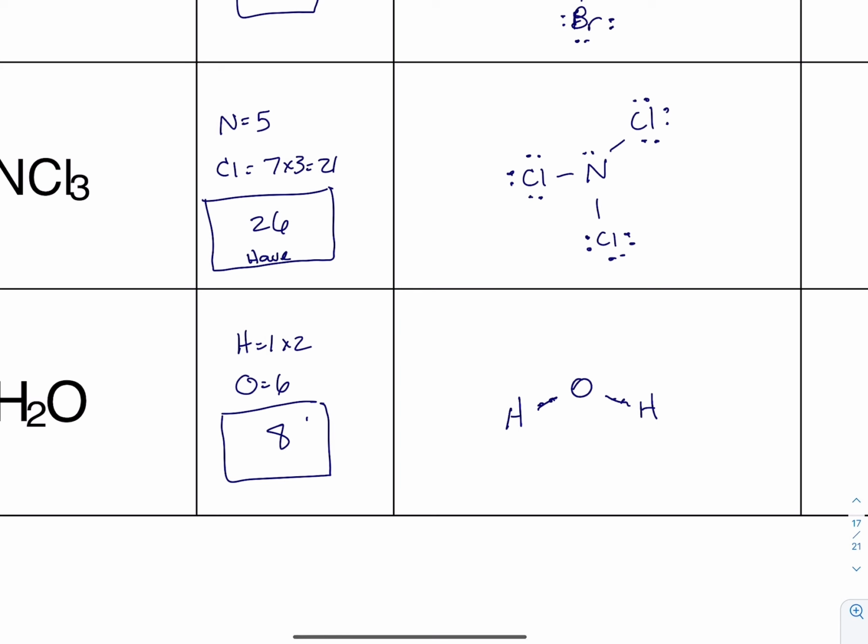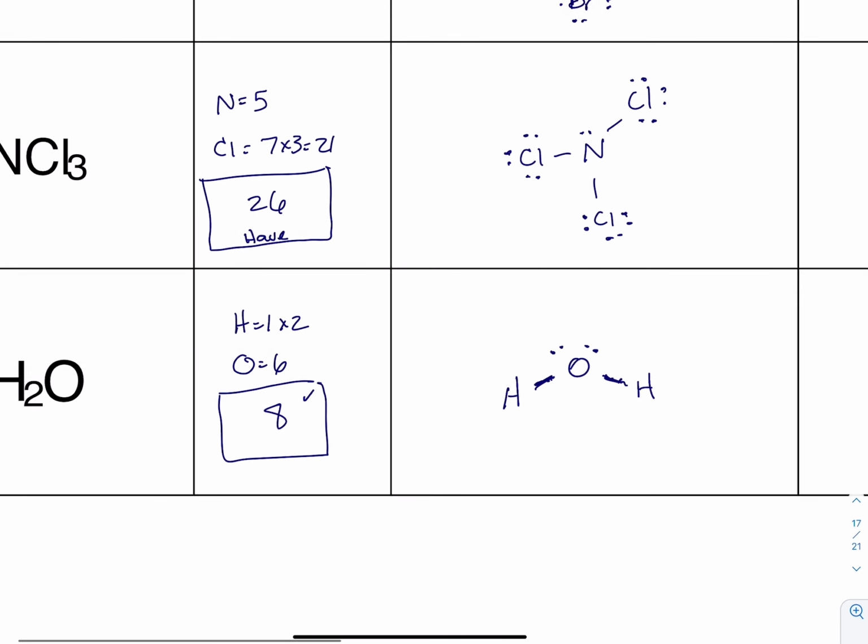But you'll notice that I have 8, and I've only used up 4 of those 8, so I still have 2 left. So I just throw them on that middle atom, and again, it's going to come up in the geometry, but when you're drawing them, this is perfectly fine to draw it this way.